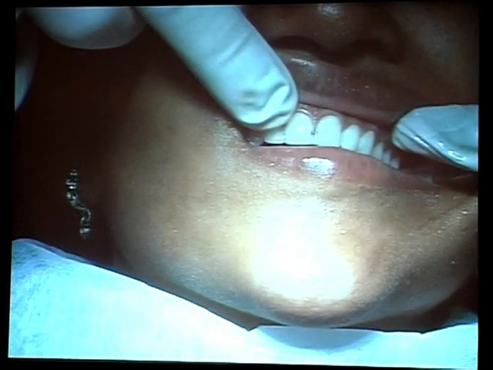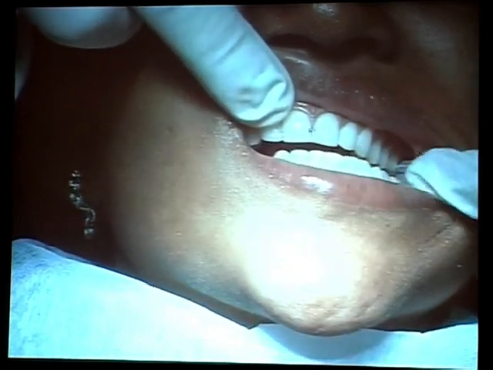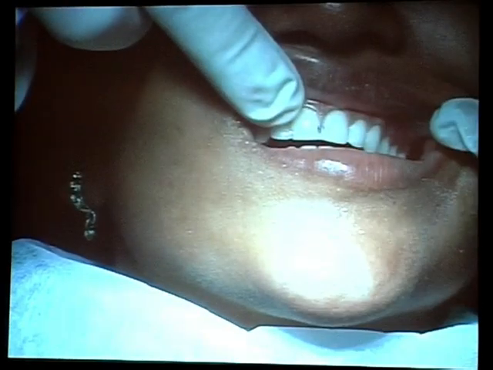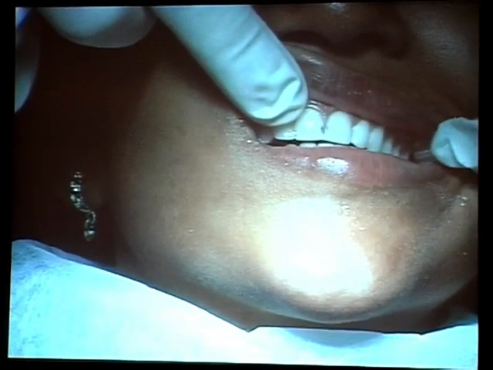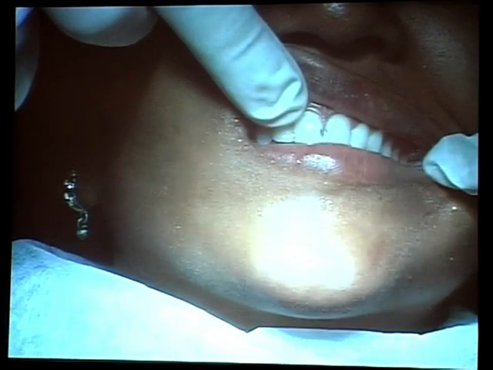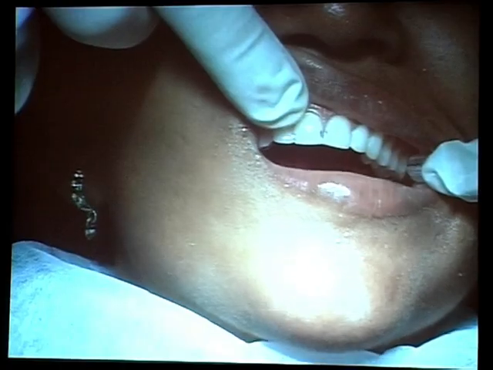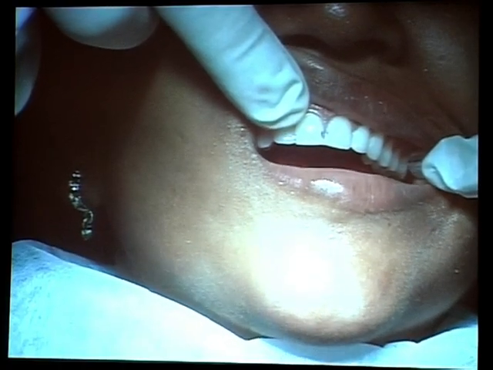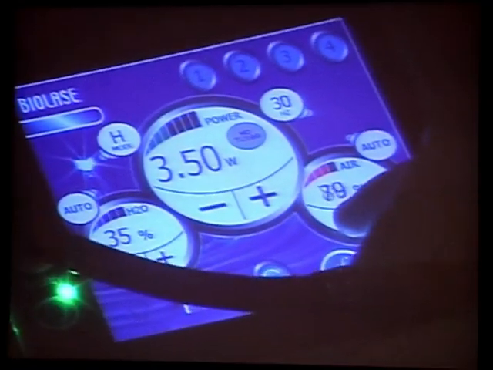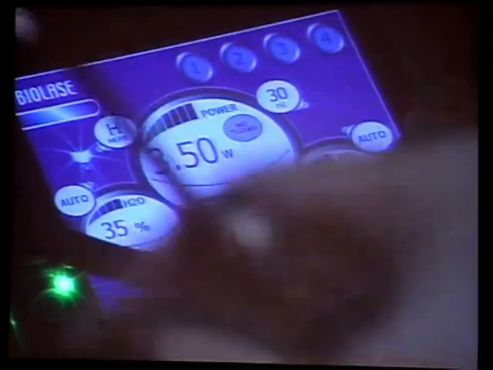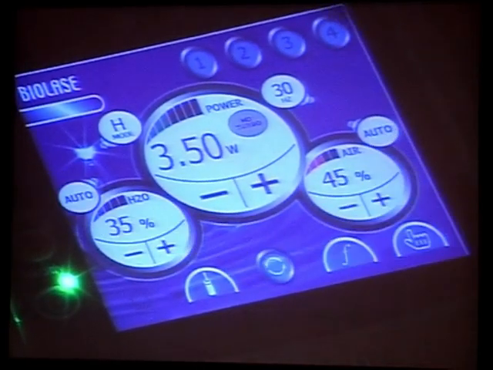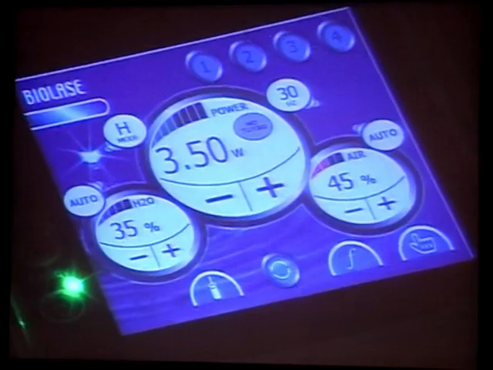After preparation of the enamel, we have to change the parameters for dentin. That means we go down from 6 watts to 3.5 watts. We decrease the water from 85% to 35%, and the air from 90% to 45%. And the reason for that is the absorption.